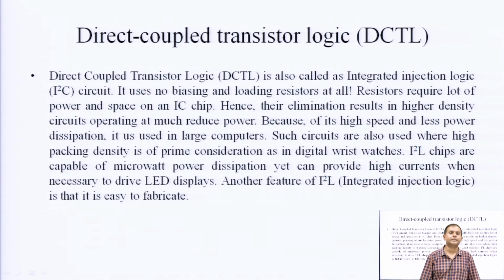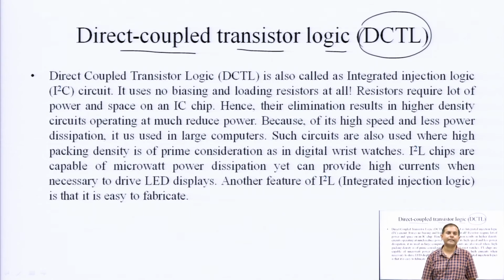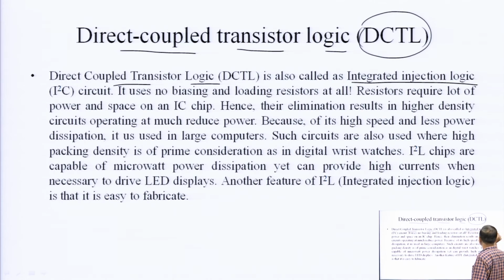Now, next we will discuss another family belonging to the digital logic families, called direct coupled transistor logic, that is DCTL. Direct coupled transistor logic is also called integrated injection logic or I2L circuit.